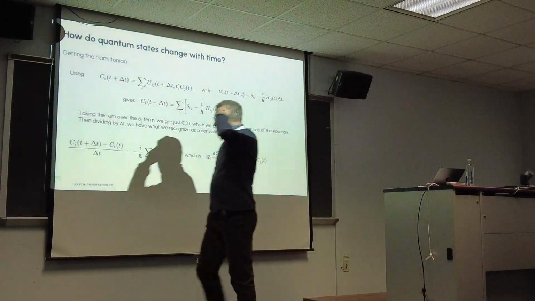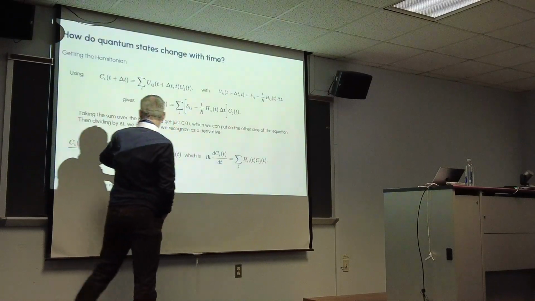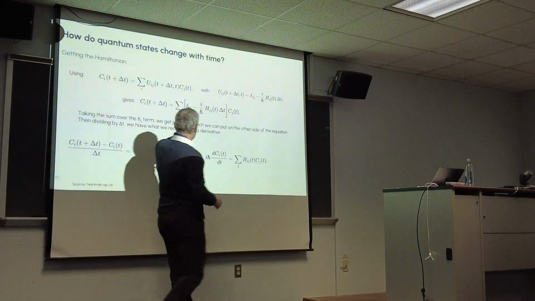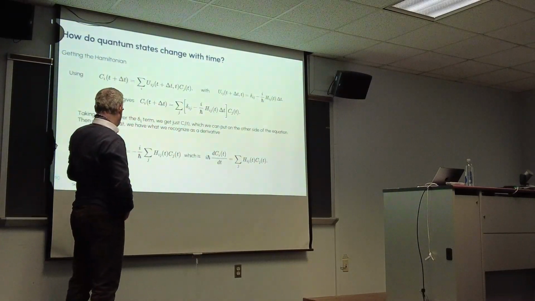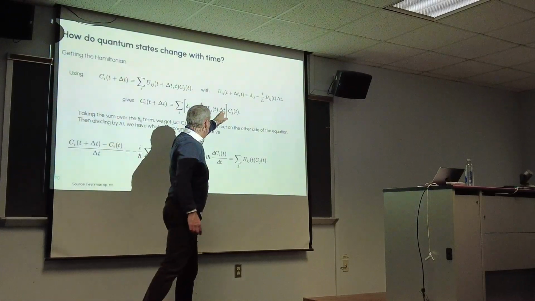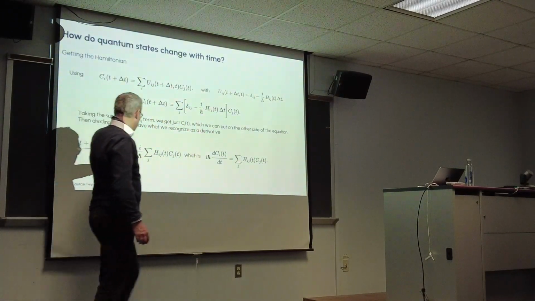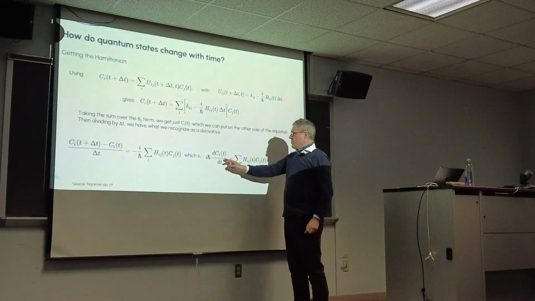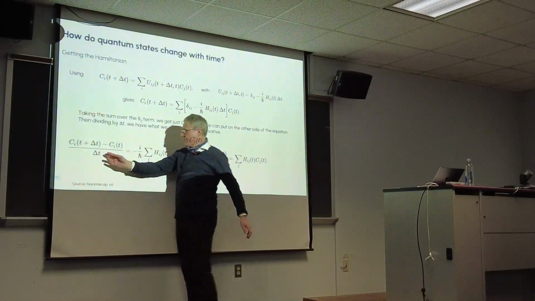So this here is Cj of t. We can put it on the other side of the equation, and then this is left, and we can get rid of the delta t by dividing here, and this gives us IH times Ci. You see immediately that this is the classical formula of the simple derivative, right?